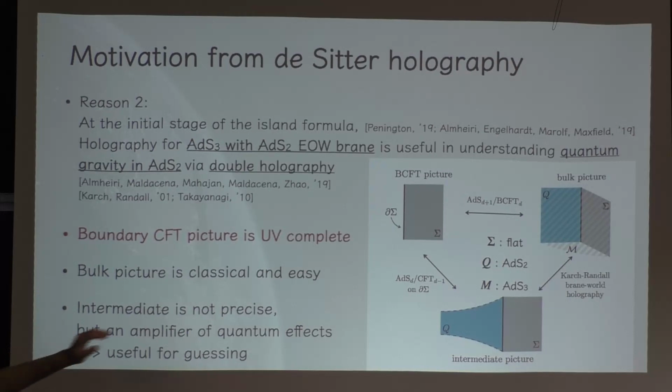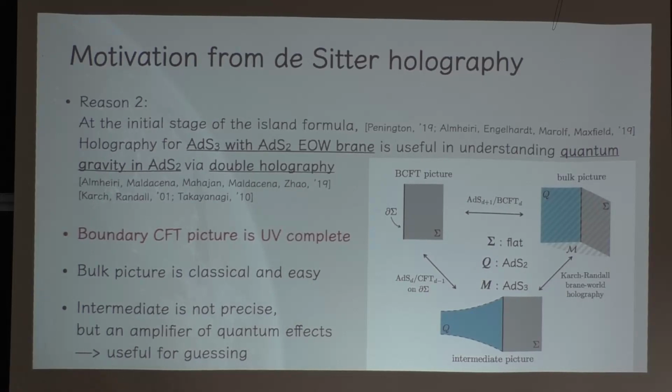But the effective field theory on this intermediate picture loses effectiveness. Sorry, in what sense does the intermediate picture lose it, but not the higher dimensional one? If you go to very high energies, all effective theories break down, right? Oh, the effective field theory breaks down, but at the leading order, we know classically what happens in the bulk.